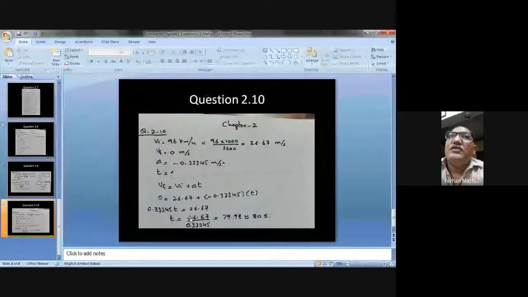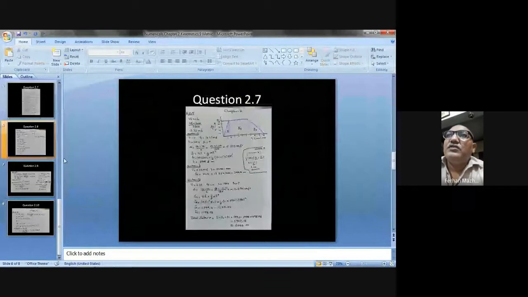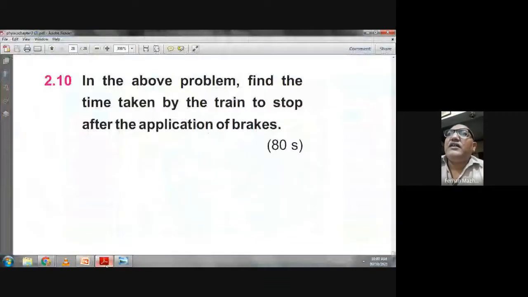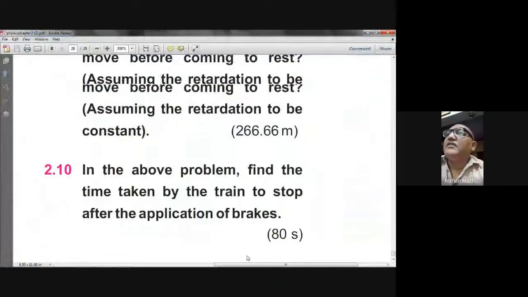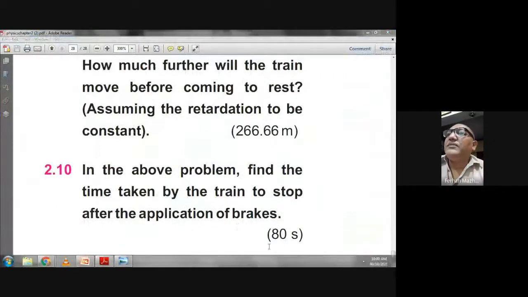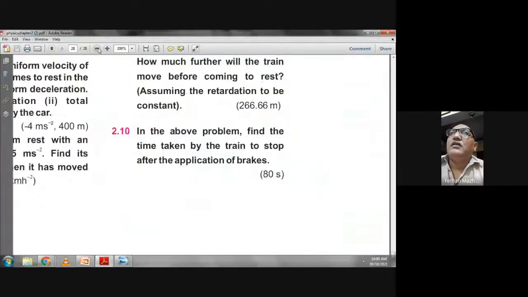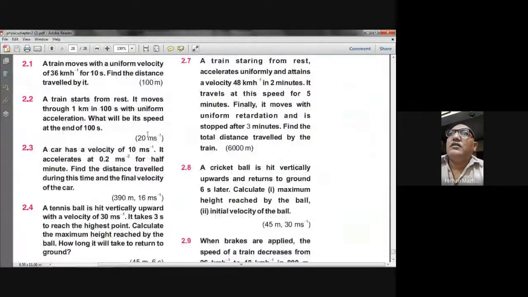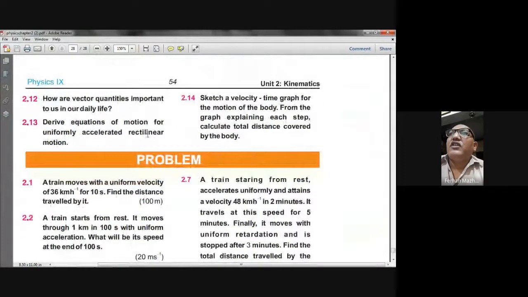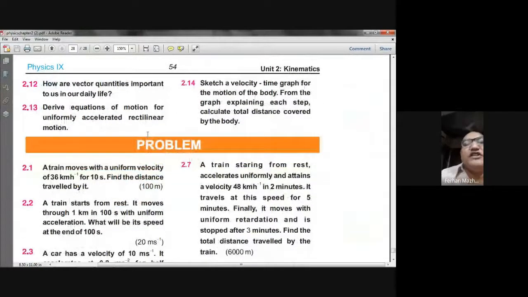So these were the numericals of chapter number 2. We were solving the numericals related to chapter 2. The name of the chapter is Kinematics, and this is physics of 9th grade.